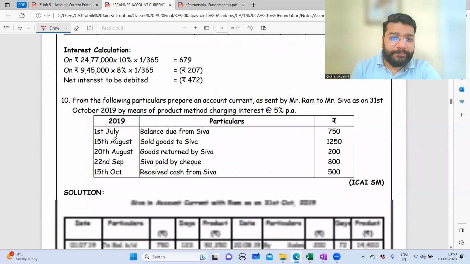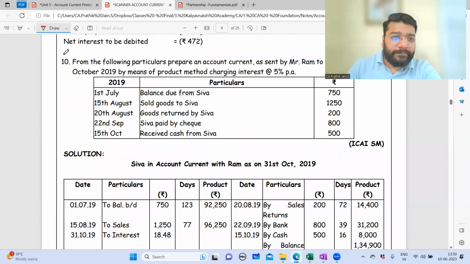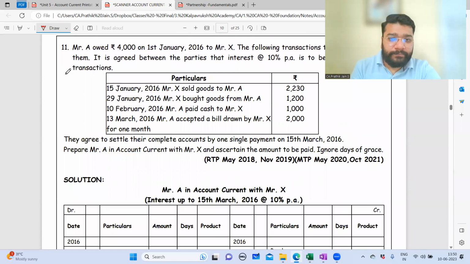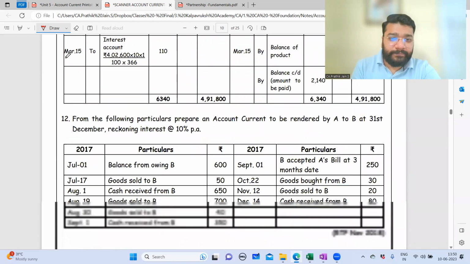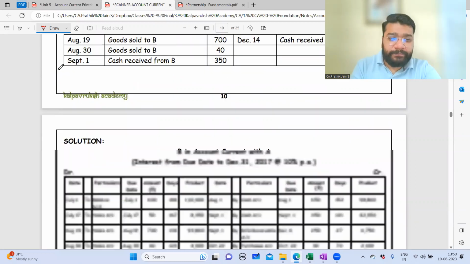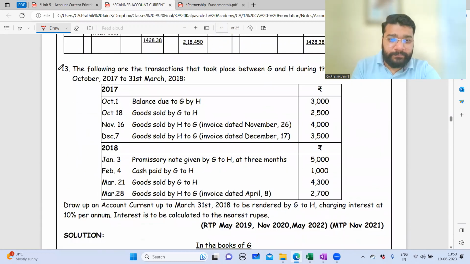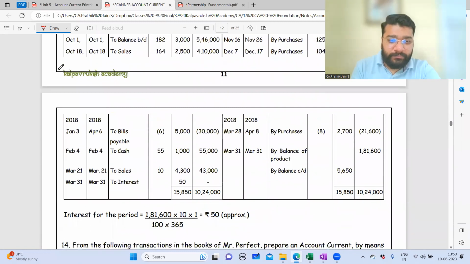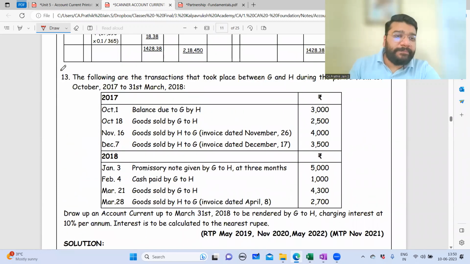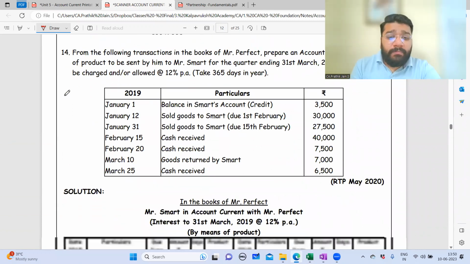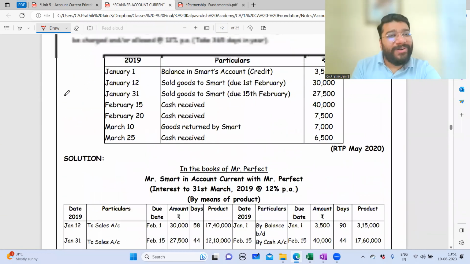Ninth one, pending. 10th one, homework. 11th one, homework. 12th one, homework. 13th also homework. 14th, homework.